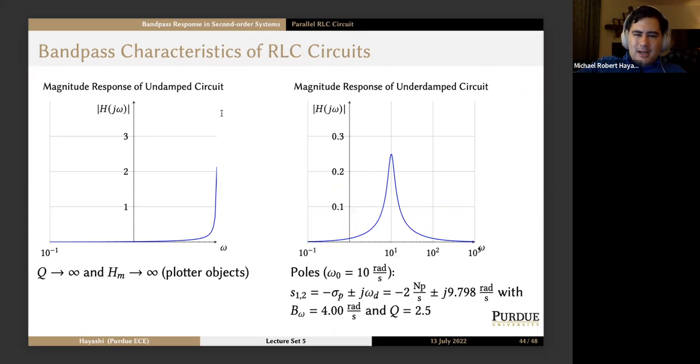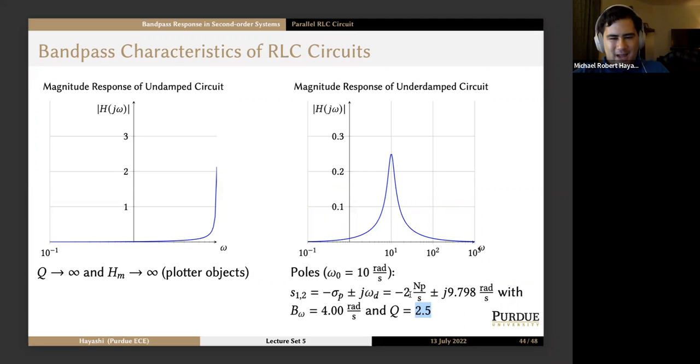So for the underdamped circuit, I specifically chose omega naught equal to 10 radians per second. Let's just say we have something that looks fairly narrow, but it's still considered a quality factor of 2.5. It's still considered a low Q circuit.